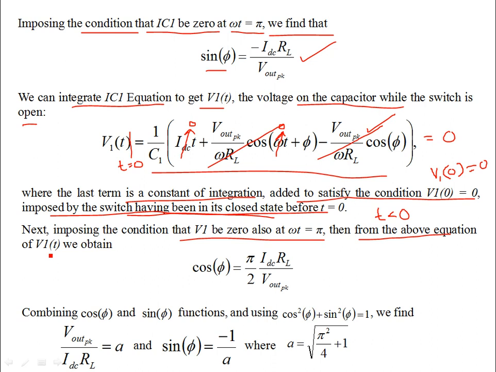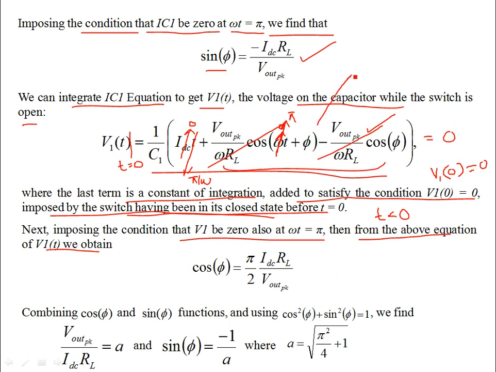Then from the above equation for V1(t), we express this with omega t as pi instead of 0, and replace this t by pi over omega. If you do this, then cosine of pi plus phi is minus cosine phi, so you can combine these two terms.